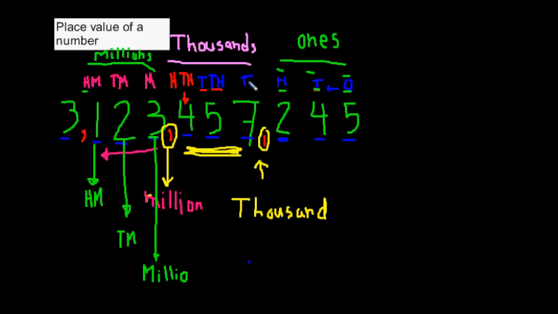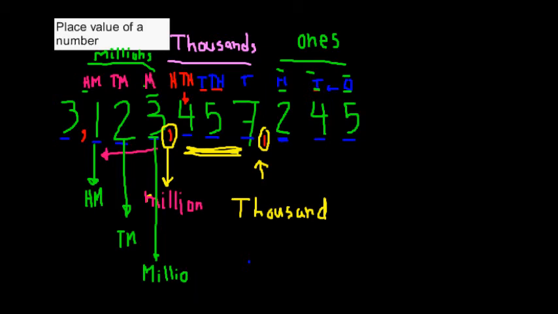And instead of saying ones, we say the place value that continues, that is 1,000. Instead of saying ones in this number 3, we say millions. I forgot to write millions here.